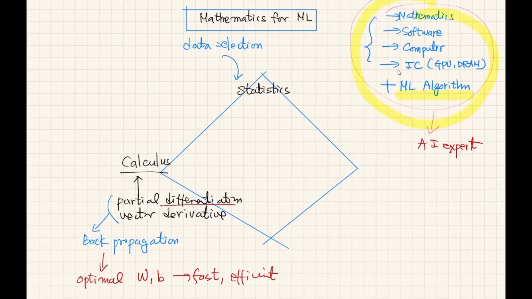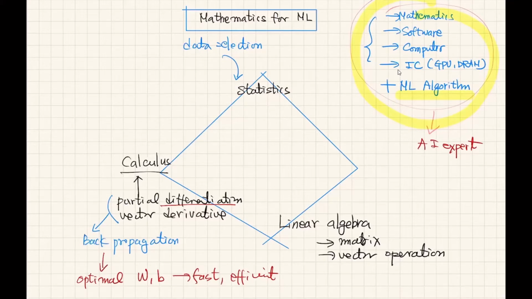Also, you have to understand linear algebra. A lot of matrix calculation and vector operations are involved during the training and inference process of machine learning. So you have to have the basics.